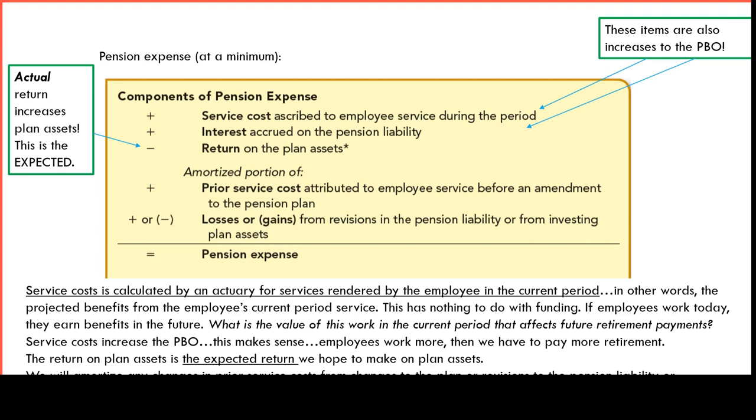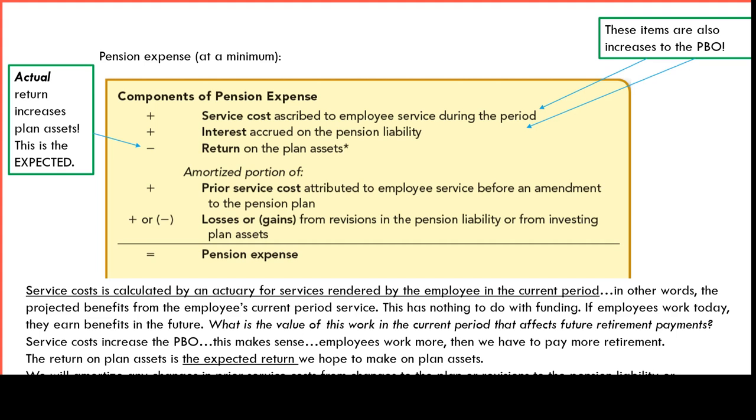The reduction here in pension expense, which we just covered, was return, which was earned on plan assets. Now this is the expected amount, because you have to divide the plan assets change in value from return into two things, expected and not expected. And the not expected goes to OCI. The expected goes to pension expense.